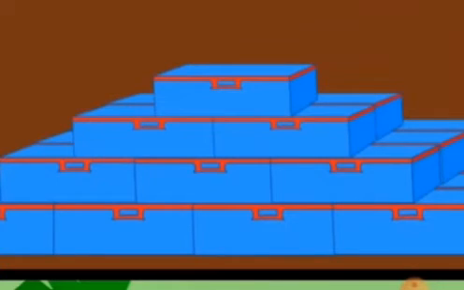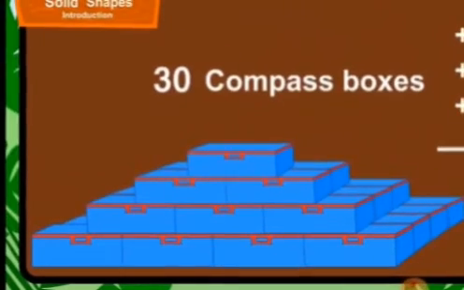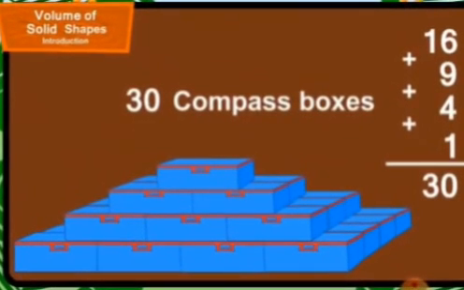Second layer, 9 boxes are there. Third layer, 4 boxes are there. And the last one is 1 box. So, total 16 plus 9 plus 4 plus 1 is equal to 30 compass boxes.